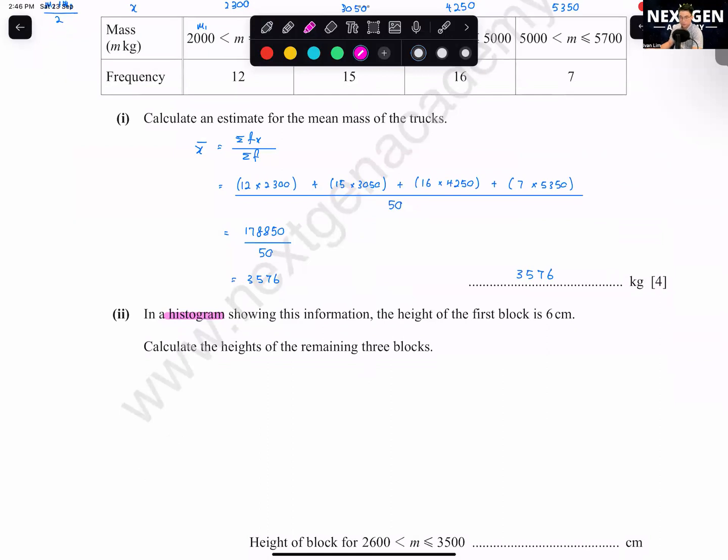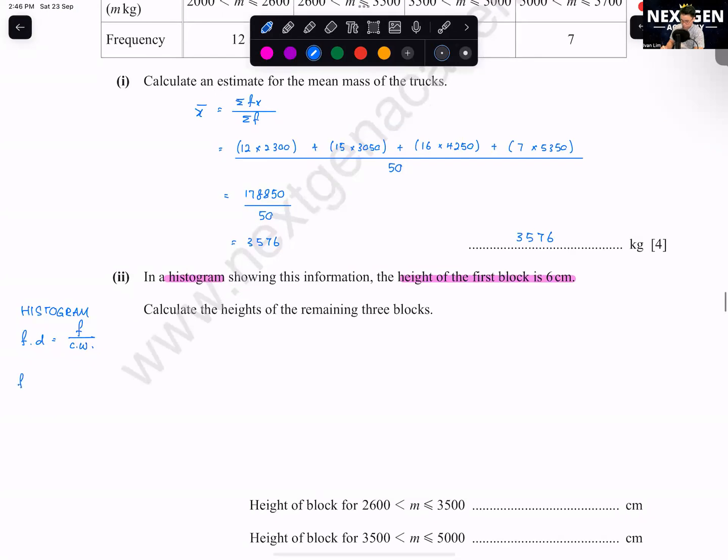Okay, in a histogram showing this information, the height of the first block is 6 cm. Okay, what is histogram? Okay, then they say calculate the height of the remaining 3 blocks. Whenever you see the word histogram, you write down the formula. Frequency density is equals to frequency over class width. Okay, F over CW.